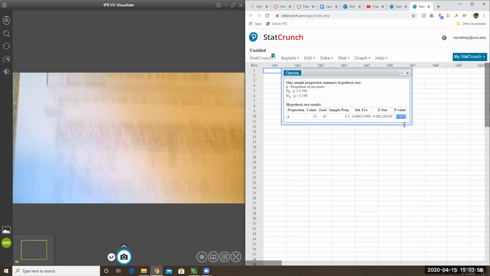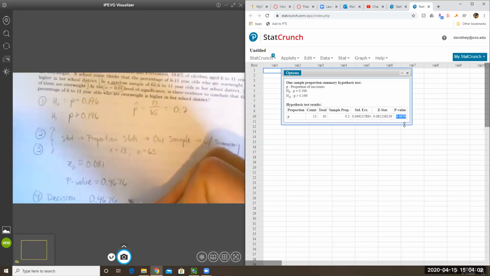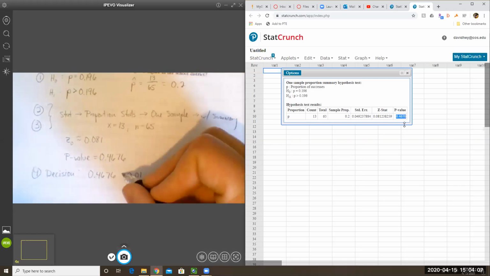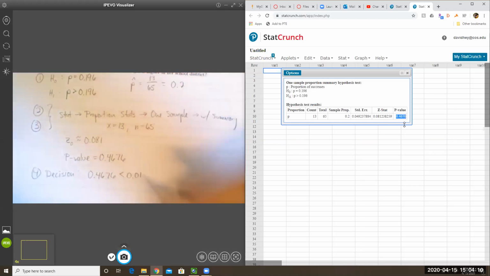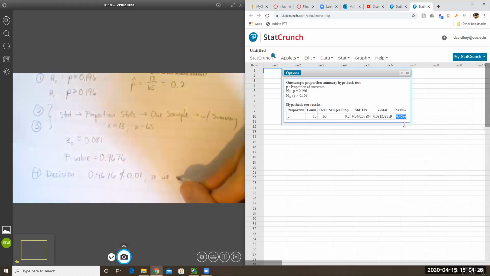And alpha in this problem was 0.01. In order to reject the null hypothesis, we need the p-value to be less than alpha. So we need that statement to be true. And in this case, it is not true. So our p-value is not less than alpha. So we do not reject the null hypothesis.